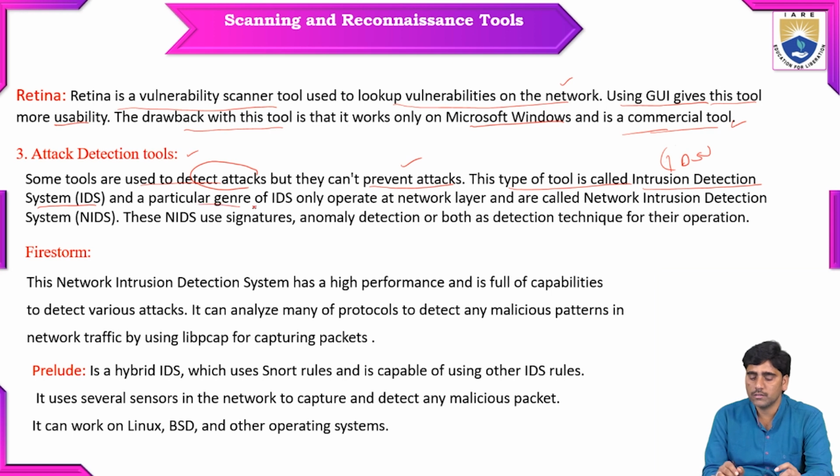A particular genre of IDS only operates at the network layer and is called a network intrusion detection system. These NIDS use signatures and anomaly detection as detection techniques for their operation.